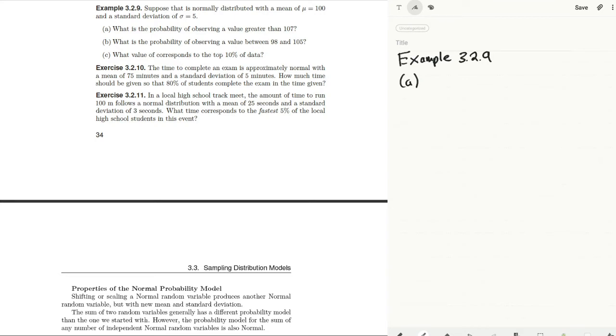So with these types of problems, it's always a good idea to draw a picture. So let's draw our model. It's a normal curve that has a mean of 100 and a standard deviation of 5. So we can write this as mu equals 100 and the standard deviation, sigma, is equal to 5.